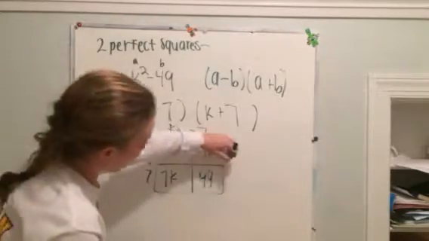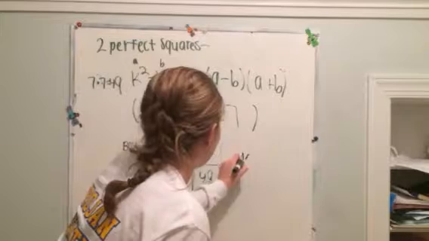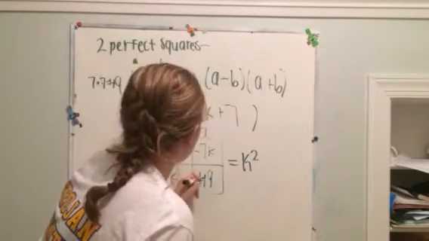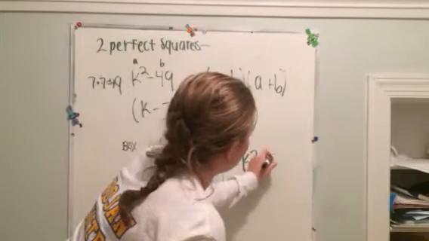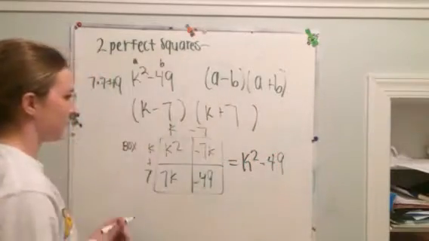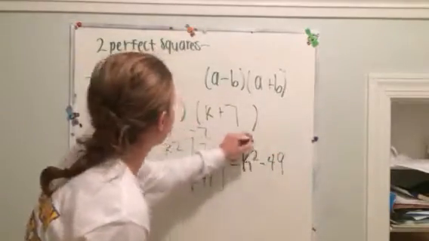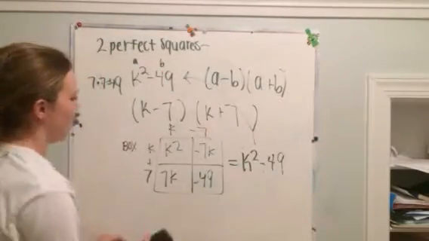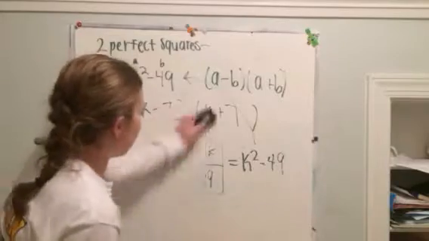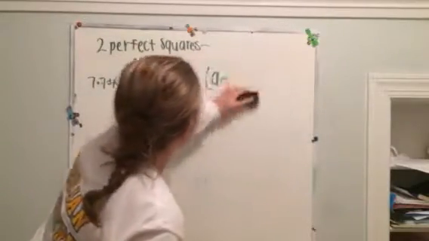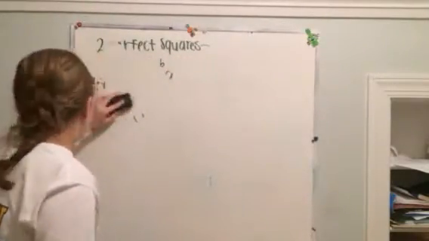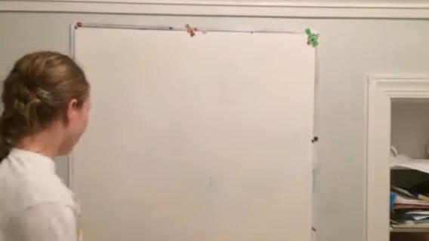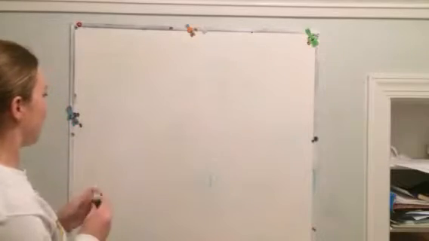When you put all of this together, you're going to get k squared minus 49, and that equals that.